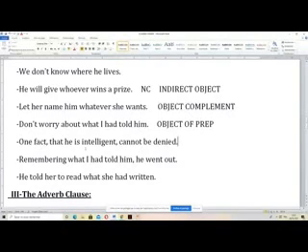Look at this. What do we have? "Remembering what I had told him." It's a phrase. And which type of phrase? A gerund phrase?